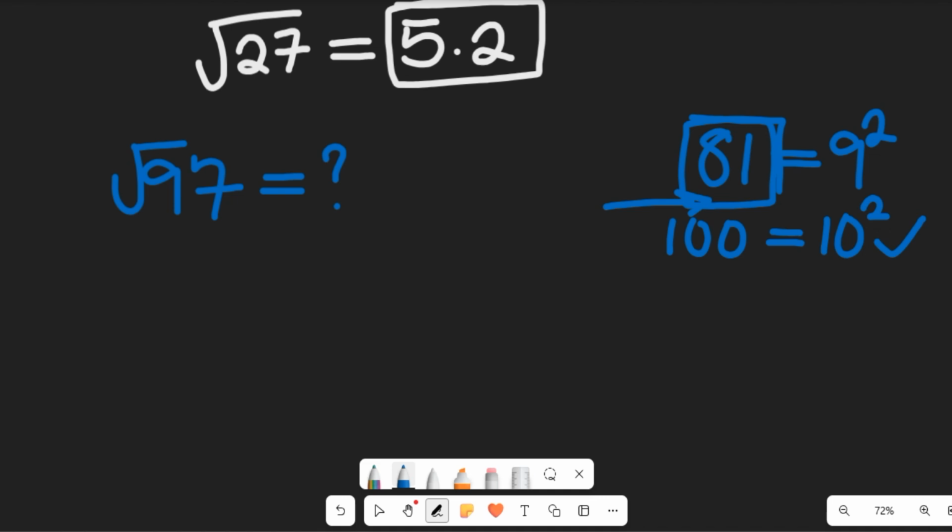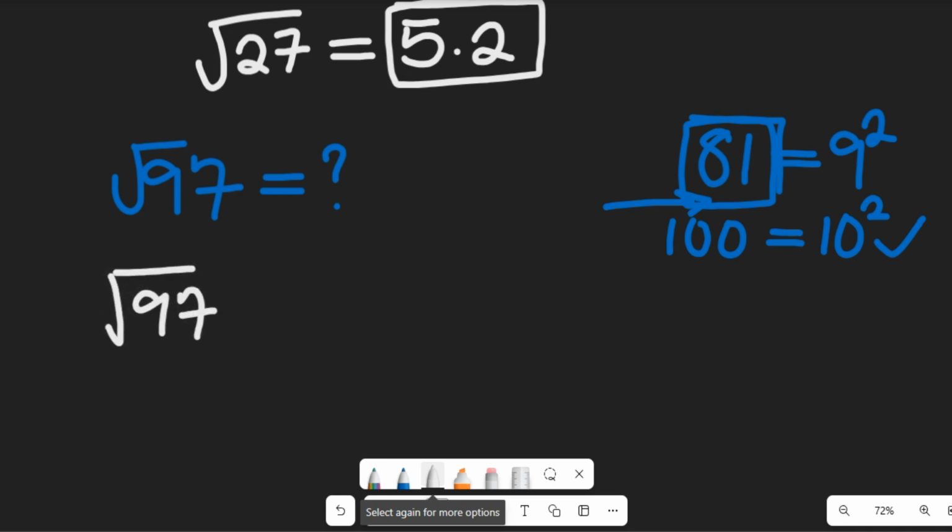Now this one falls short of the rule I talked about before, that we must use the perfect square before 97. So if we are using the perfect square after 97, what we will do is, as we find the square root of 97, we will do it like this.